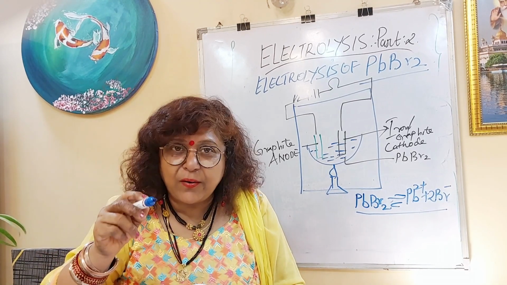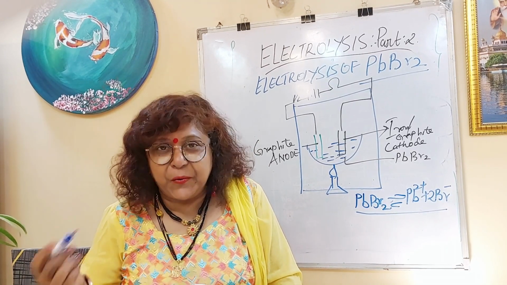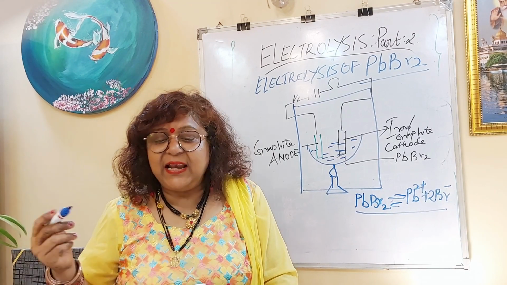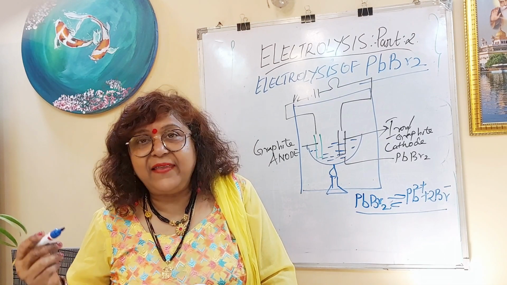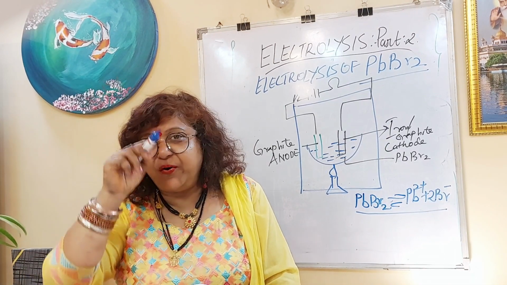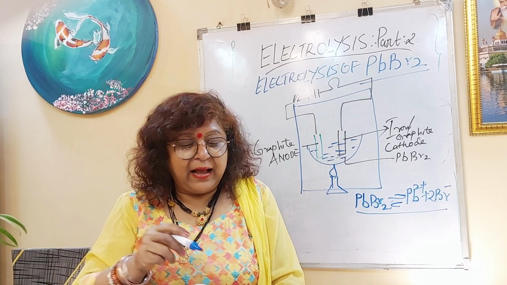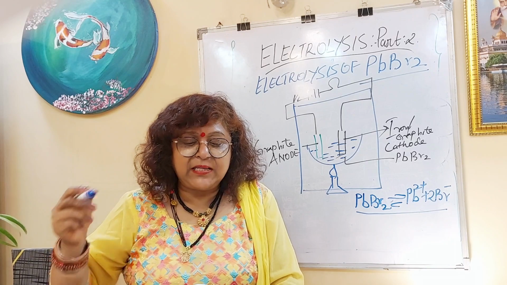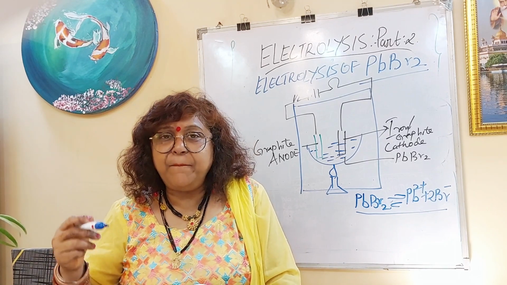Okay, the cathode, as you know, is the electron donor. It donates electrons there, and the metallic lead needs the electrons to discharge at the cathode as neutral lead atoms or metallic lead. If you want to write the description of it, at cathode, what will happen? Pb2+ plus 2 electrons will form Pb.